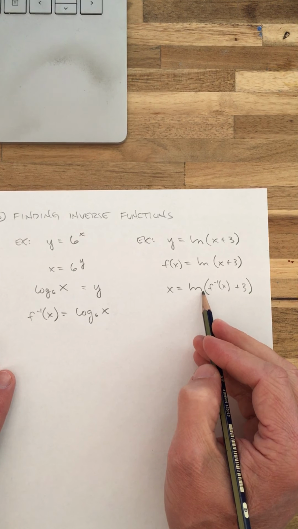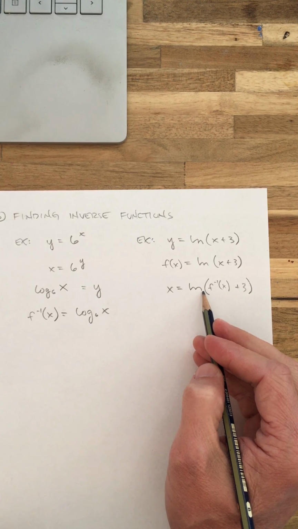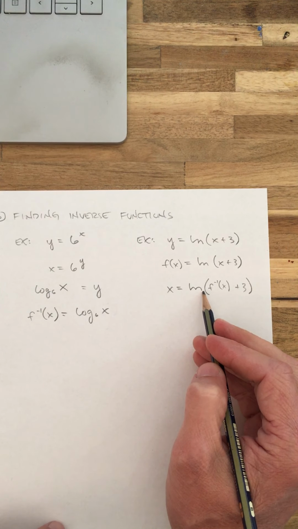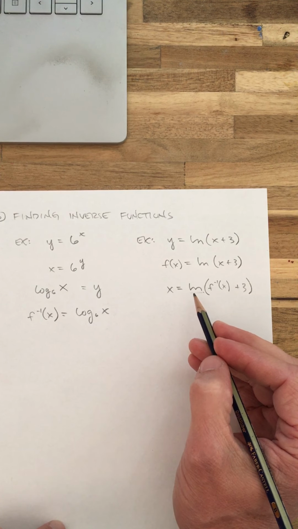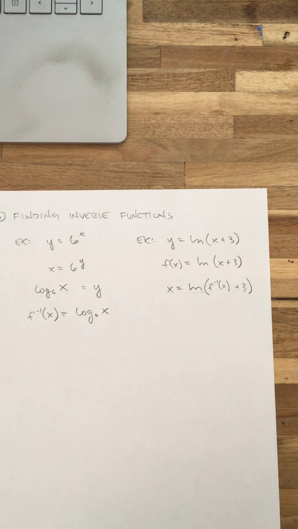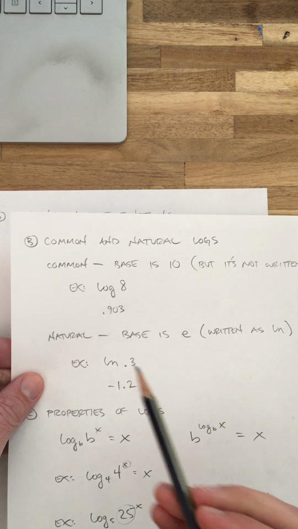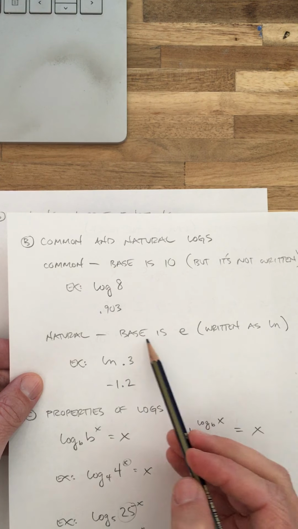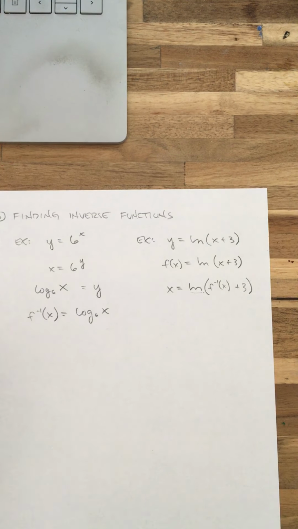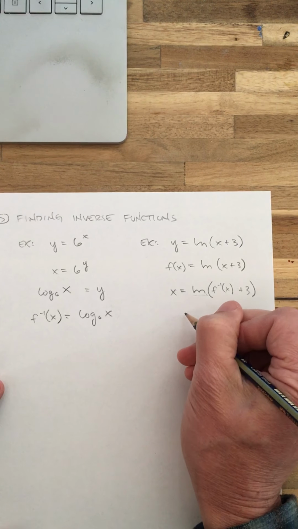Some of you might say, if you don't see anything, the base is 10. But keep in mind, this is a natural log. If you remember from our notes last time, for natural logs, it's written as ln, and the base is e. So our base is going to be e.